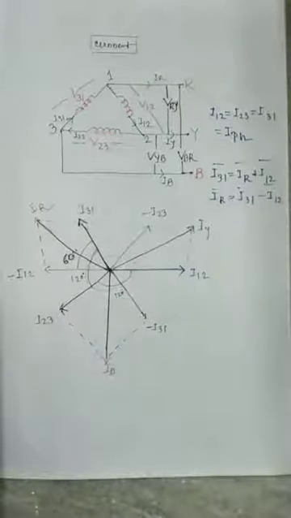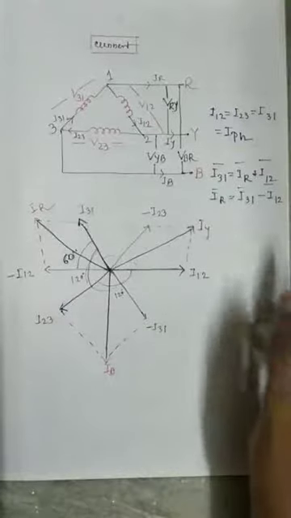The vector I12 is reversed here and added to the vector I31 to get the vector sum of I31 and minus I12, as shown in the figure, which is IR.